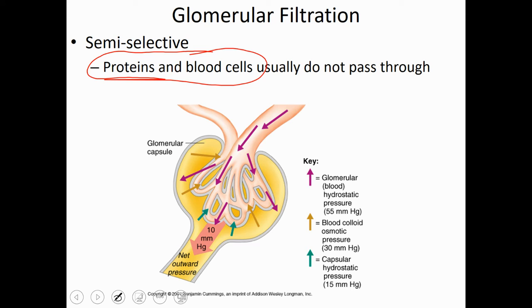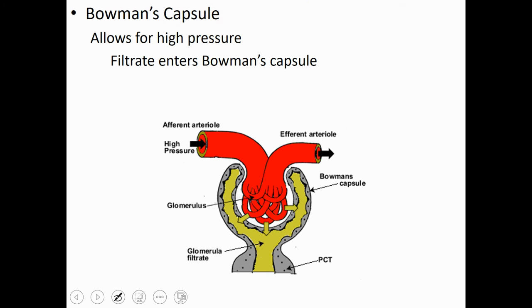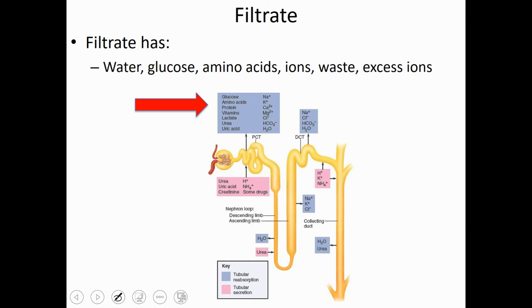They will stay inside of the blood, and also our blood cells will stay inside of there. Pretty much everything else is coming out of your blood. Stuff that's coming out is water, glucose, amino acids, ions, waste, excess ions, anything that we need to get to homeostasis, we have coming out in the filtrate.